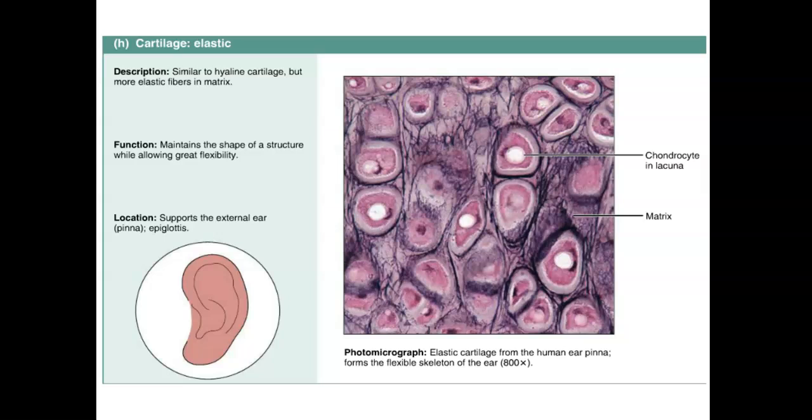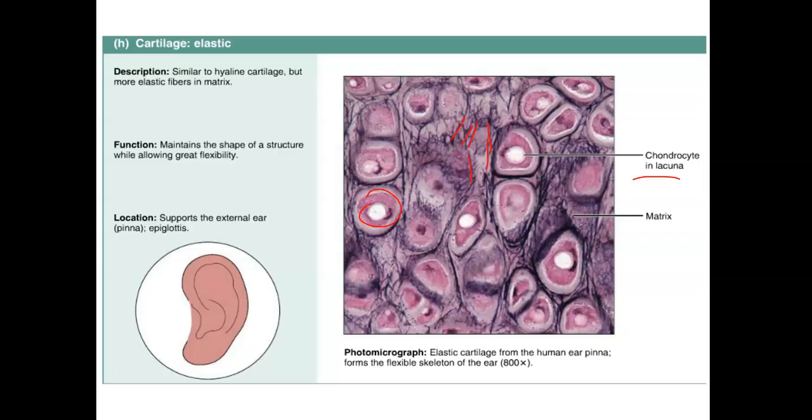Elastic cartilage, you still can see those chondrocytes within the lacuna, okay? Surrounding that, though, in the extracellular matrix, you do see these fine fibers, and those are elastic fibers. And so that is a distinguishable microscopic feature of elastic cartilage.